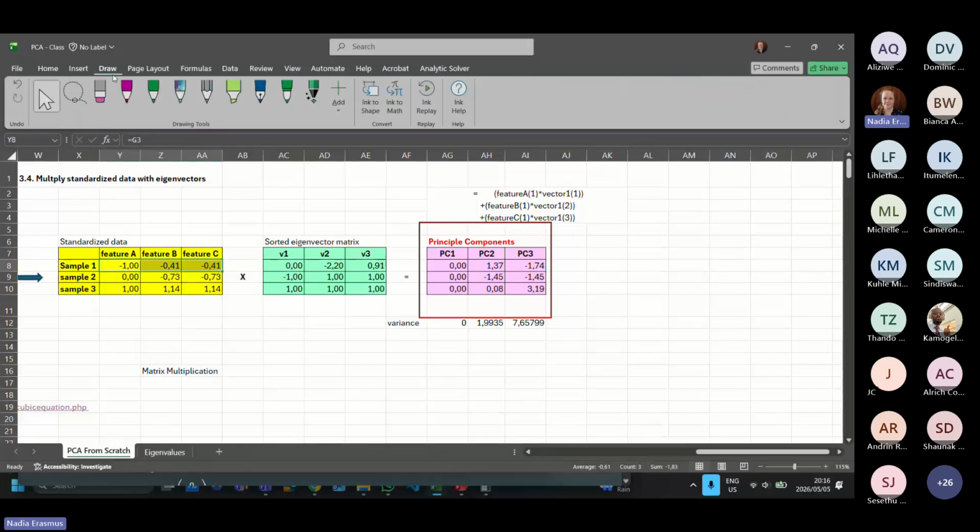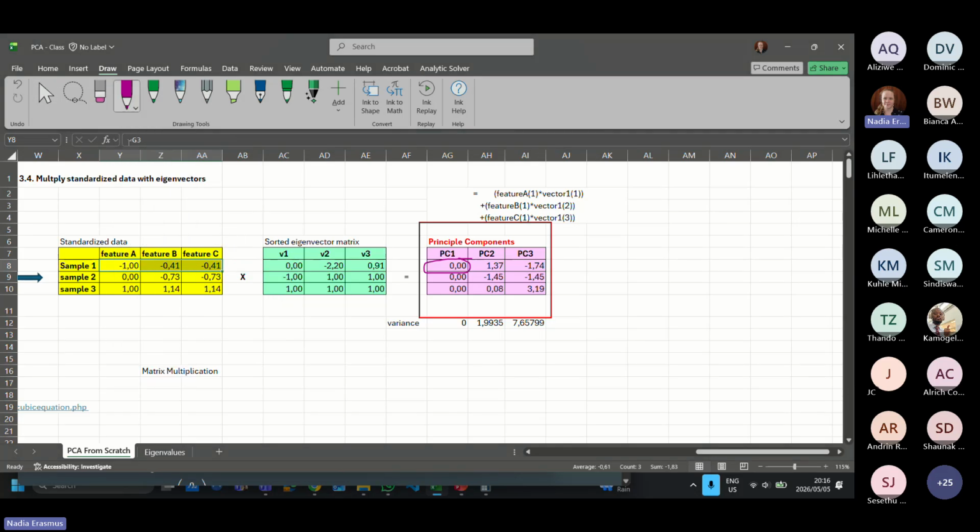So it is that value multiplied by that value, multiplied by that value, and that value multiplied by that value. You're going to add it up together to get your first component. Okay, so that is how you can look at it. I hope that helps.